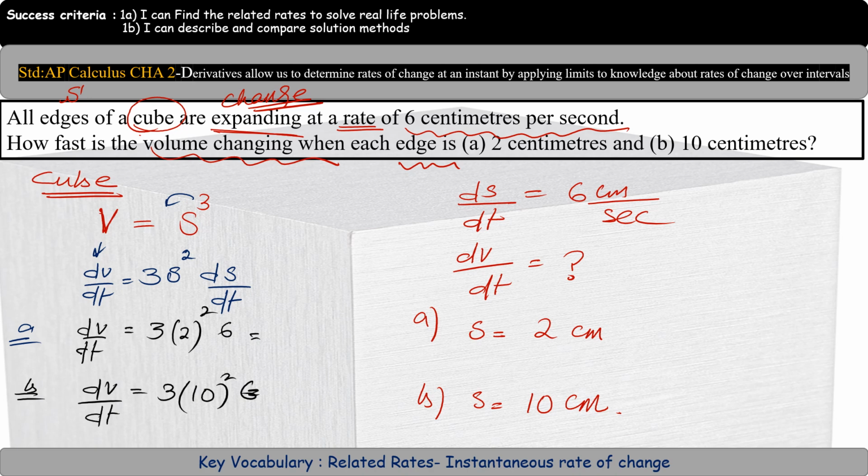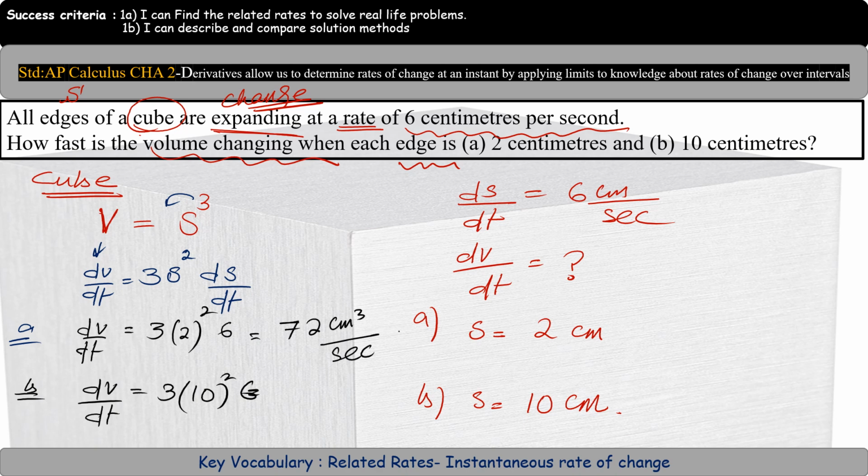You will write 3 times 2 square times 6 and you will get 72. And what will be the units? Centimeter cubes per second.